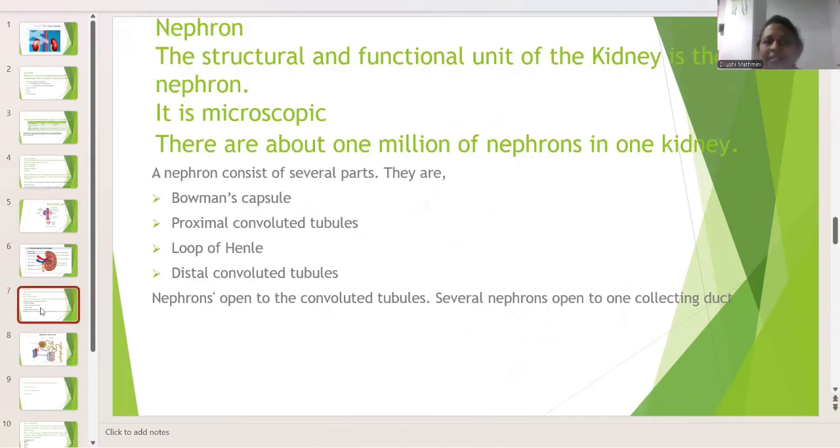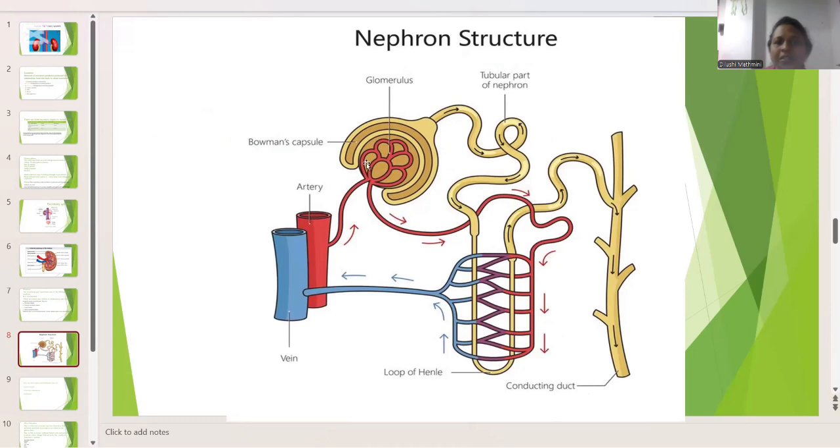A nephron consists of several parts. You can see here, this is the Bowman's capsule, this is the glomerulus, and these are the proximal convoluted tubules, loop of Henle, and distal convoluted tubules.